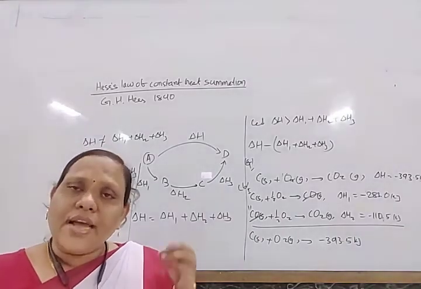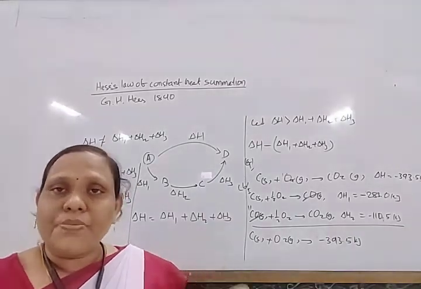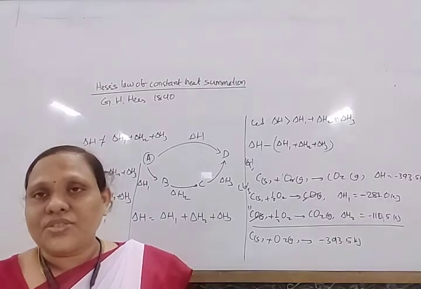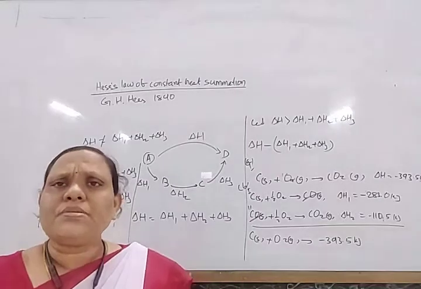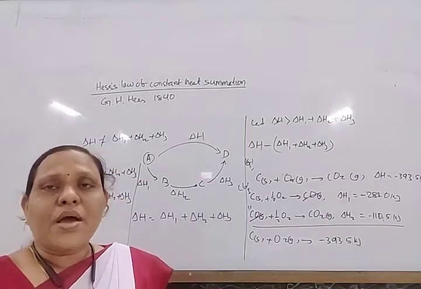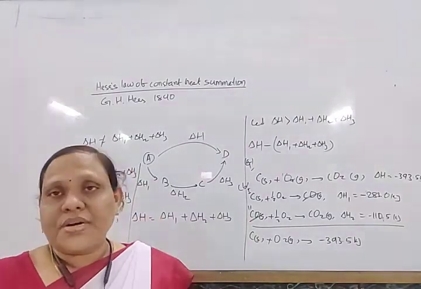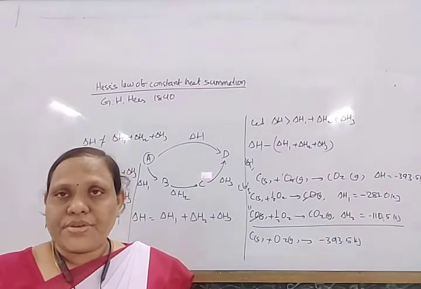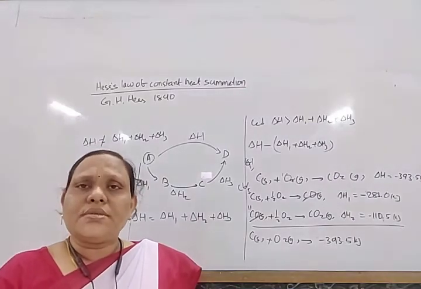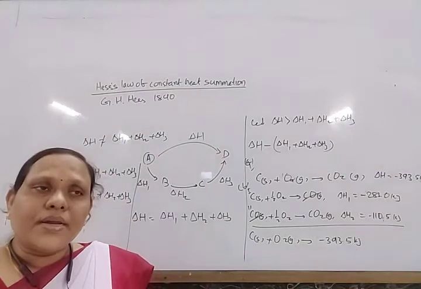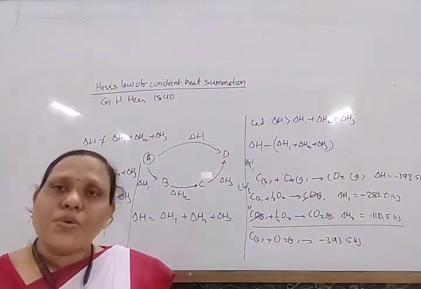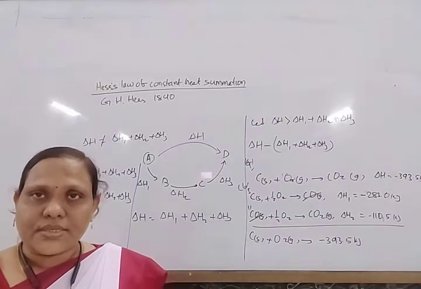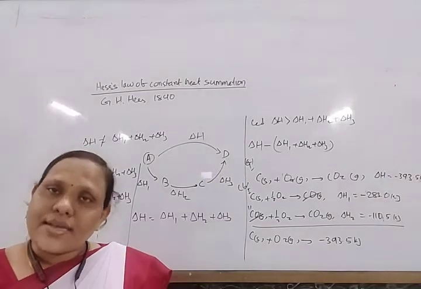So different types of enthalpies can be determined by adding, subtracting or multiplying the equations. In this way it is useful to calculate the enthalpy changes in various thermochemical equations. So this is Hess's law.